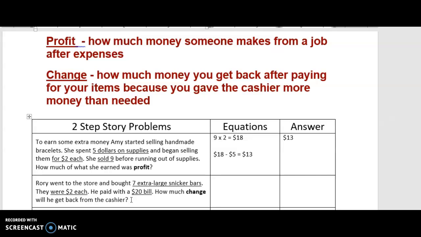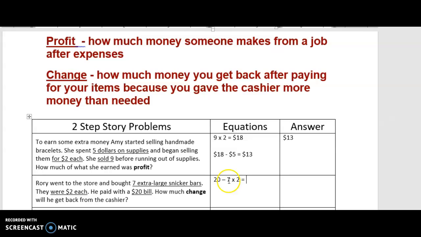Well, you could do two things. You could count down or you could count up. I'm going to choose to count down. So he started with $20 and he's going to subtract 7 times 2 because he bought 7 Snickers and they were each $2, right?